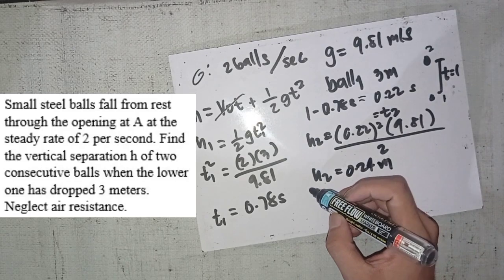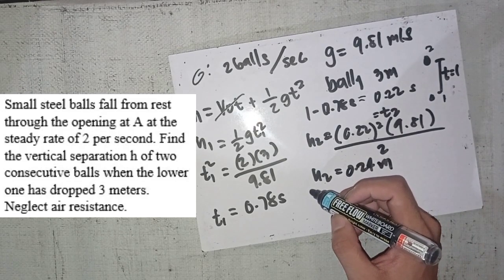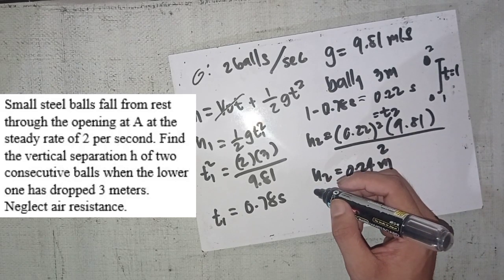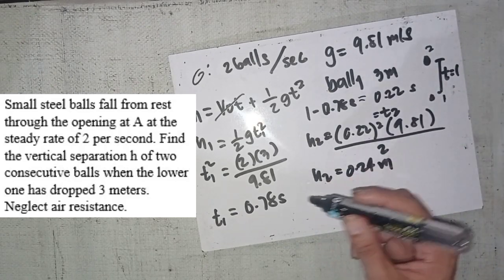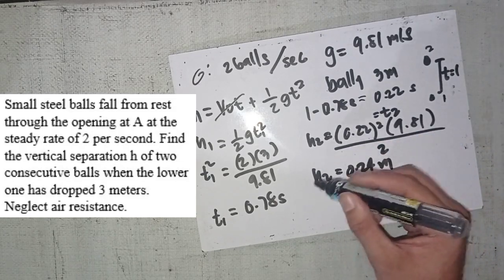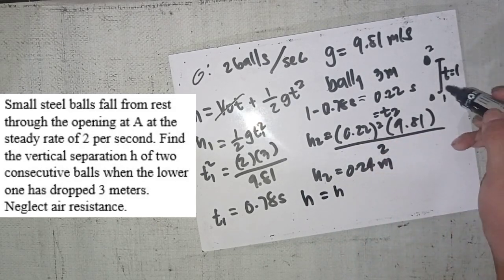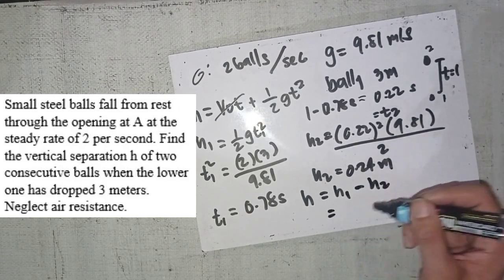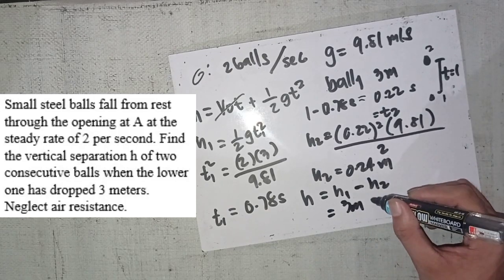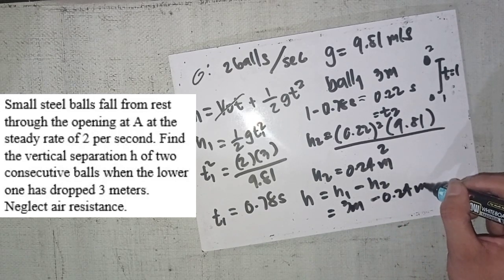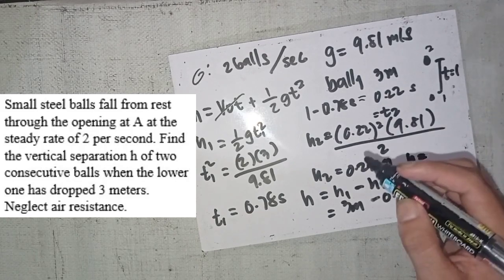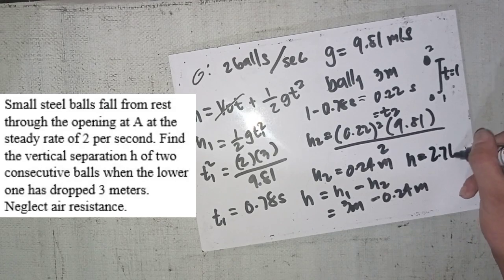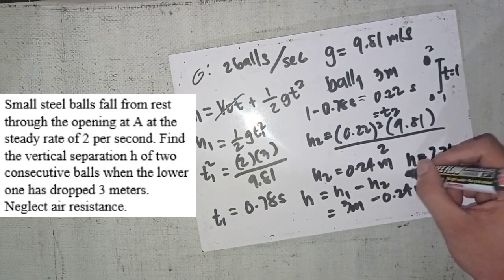And since we need to find the vertical separation, the total vertical separation will be height 1 for ball 1 minus height 2 for ball 2. So our height here is 3 meters minus 0.24 meters. So the vertical separation of the two consecutive balls will be 2.76 meters. So this is the final answer.